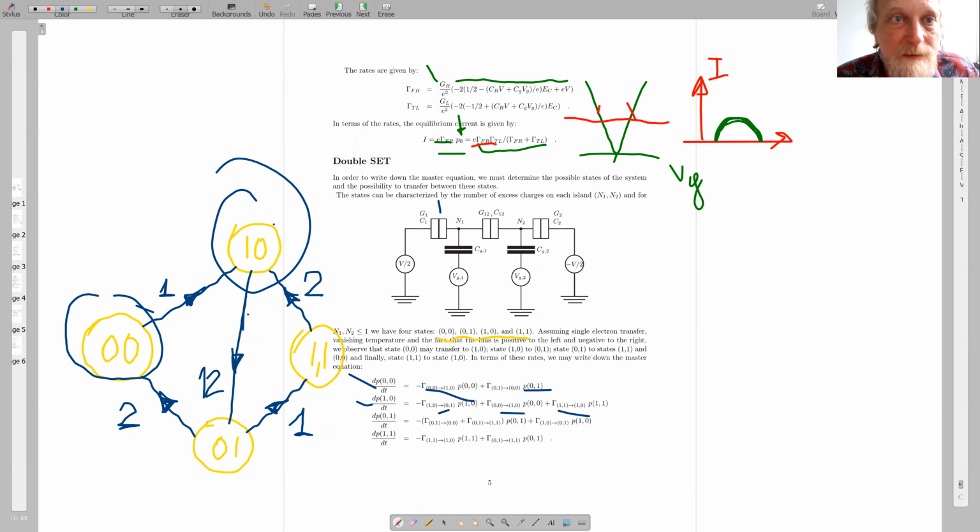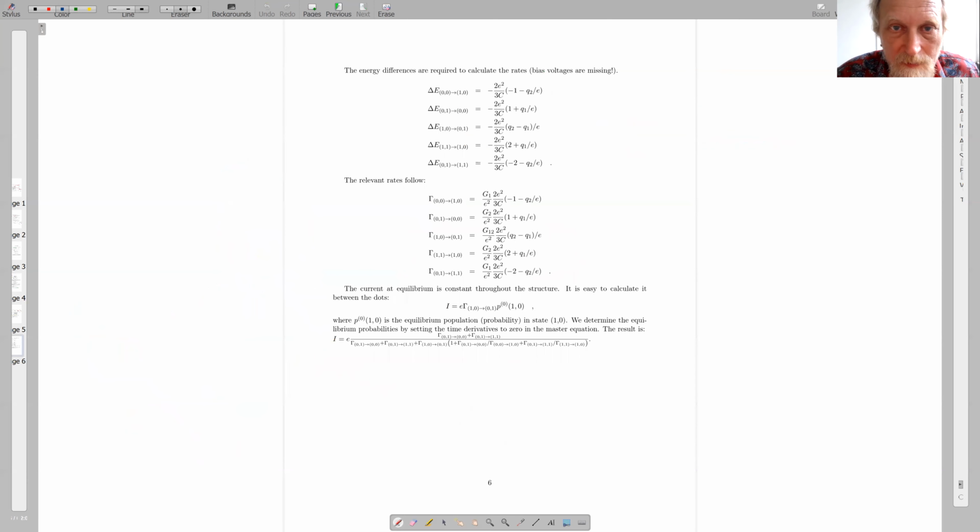Right. So we want to move on. Then after that one understands which energy differences are relevant and expresses them. And okay, those are the relevant rates.